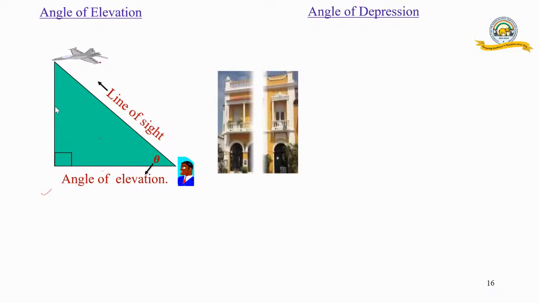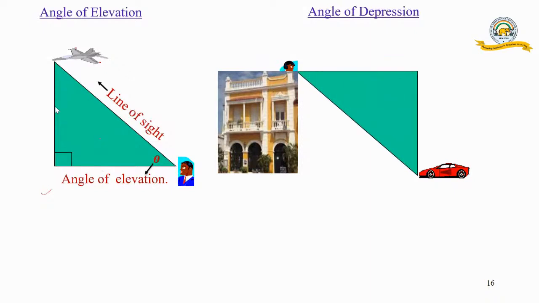Now let us see what is angle of depression. So a girl is standing on the terrace of a building, and there is a car coming in and parked there. She is looking downwards. So her line of sight is in which direction? Downwards. So this was our horizontal line.